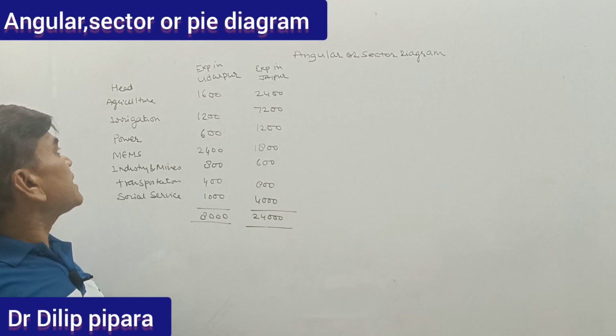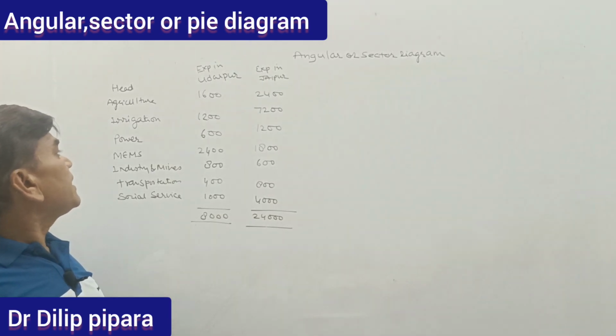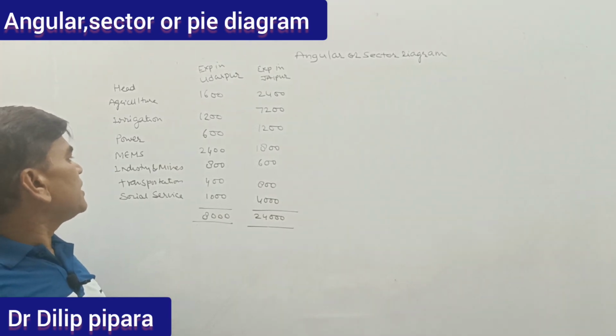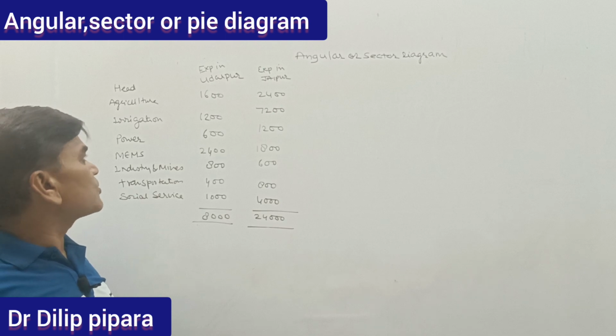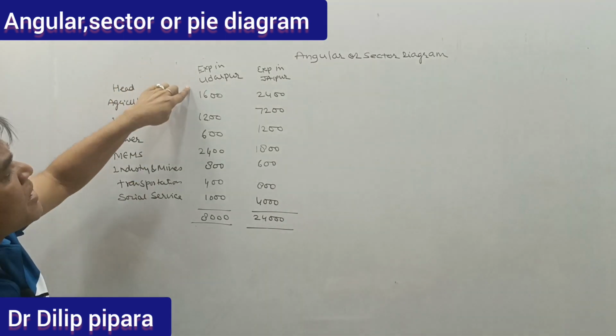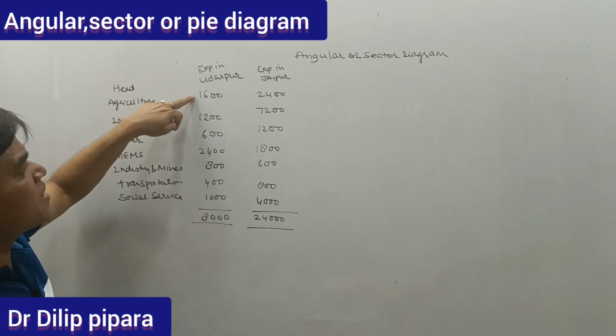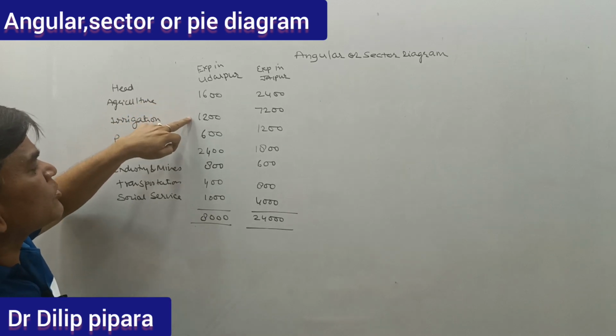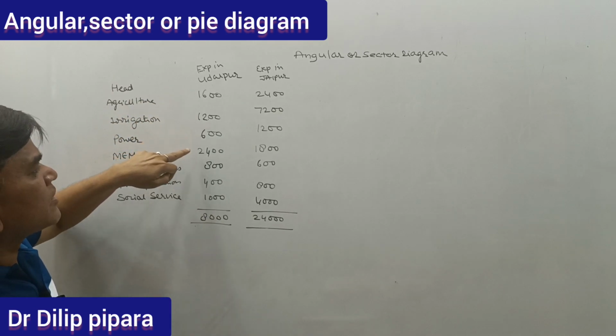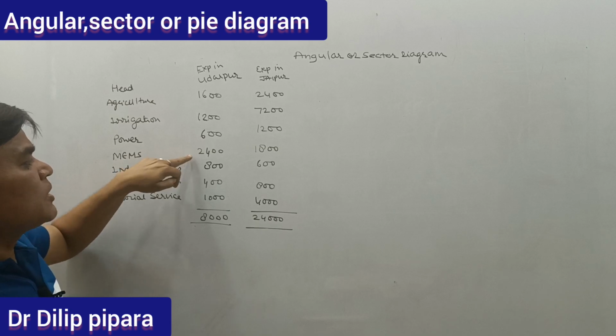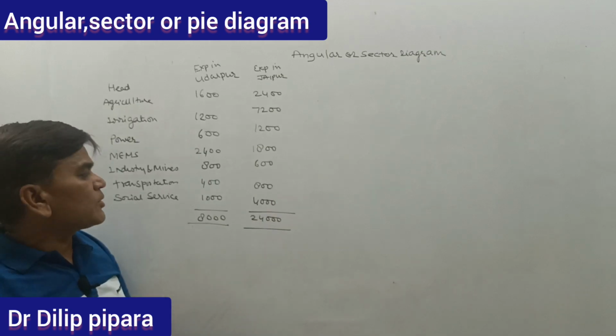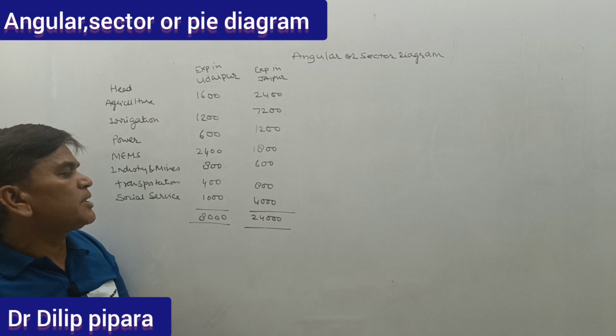The heads are agriculture, irrigation, power, MSME, industry and mines, transportation and social services. Expenditure in Udaipur in crore rupees is 1600, 1200, 600, 2400, 800, 400 and 1000.